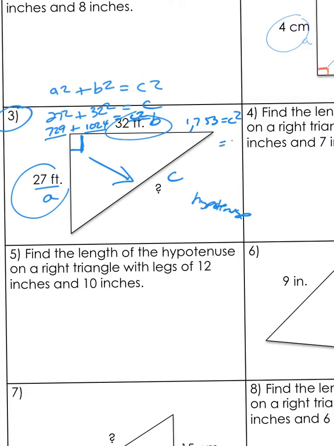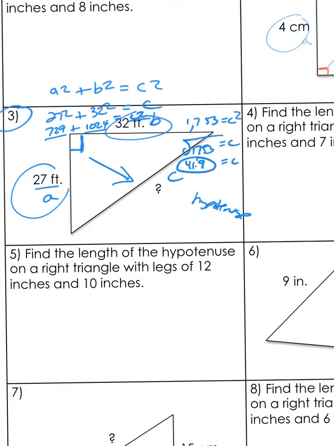In order to find c, I take the square root of 1753, which is 41.868688. So I'm going to round that to 41.9, which is equal to c.